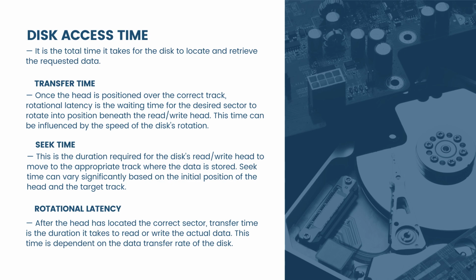This is the duration required for the disk read-write head to move to the appropriate track where data is stored. Seek time can vary significantly based on the initial position of the head and the target track. And lastly, transfer time. After the head has located the correct sector, transfer time is the duration it takes to read or write the actual data. This time is dependent on the data transfer rate of the disk.